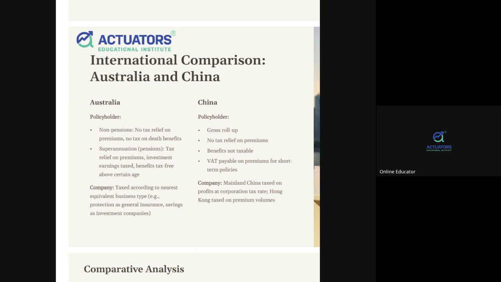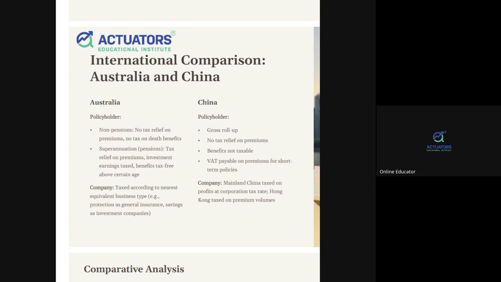When it comes to policyholder taxation, your pension contributions are usually made out of your pre-tax income, so there's tax relief available there for pension contributions. Your investment earnings, however, are taxed, but your benefits can be taken tax free.